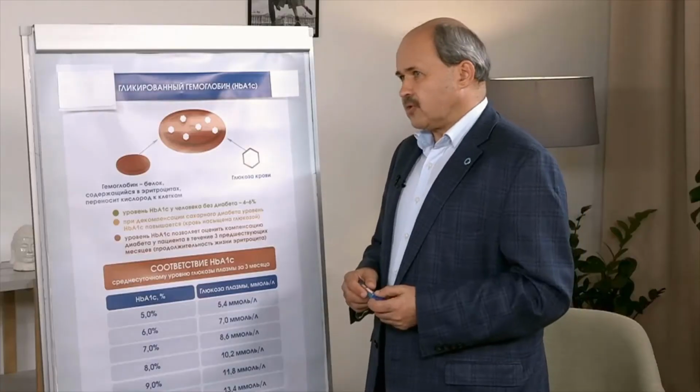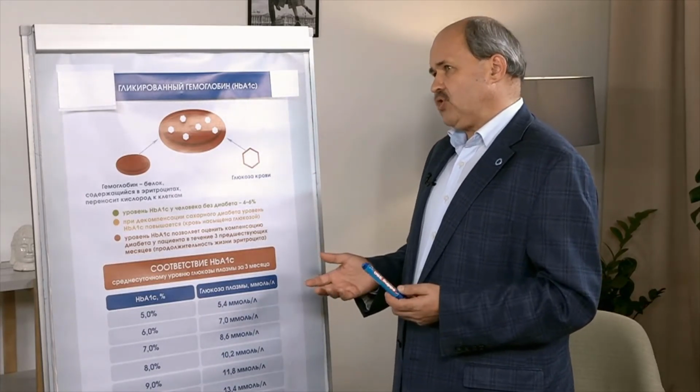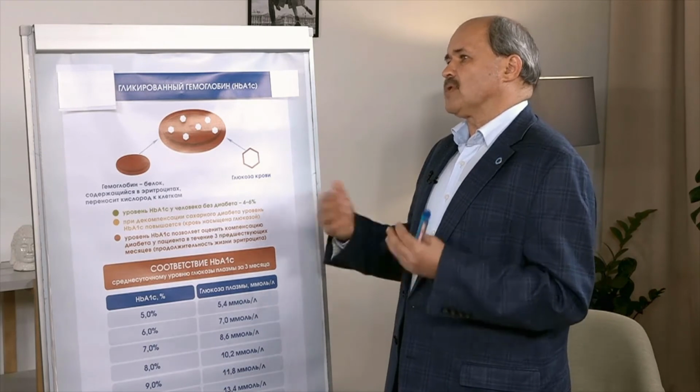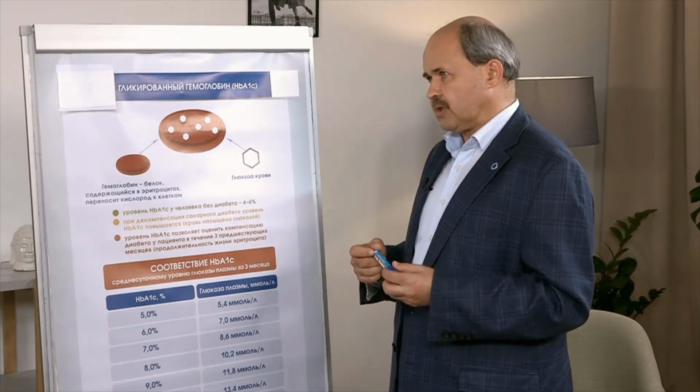I see. And if the hemoglobin level is low due to anemia, does it affect the glycated hemoglobin? You know, besides such an exotic procedure as blood transfusion, there may be other factors that may artificially either increase or decrease the glycated hemoglobin level, and doctors must know them and decide on a course of action in such cases. In particular, anemia is one of these factors.